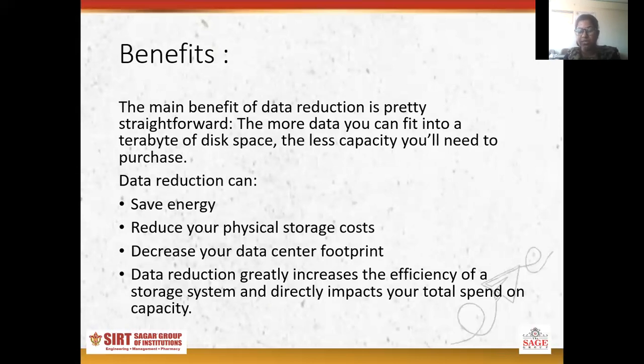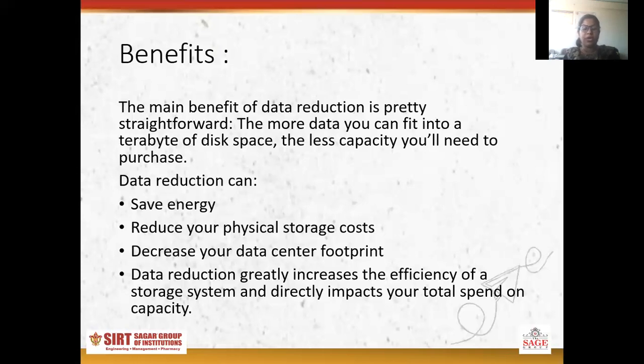It will reduce your physical storage cost, because as already mentioned, the more data you can fit into a terabyte of disk space, the less capacity you will need to purchase. It will also decrease your data center footprint, meaning you do not have to be very bothered about the data center.